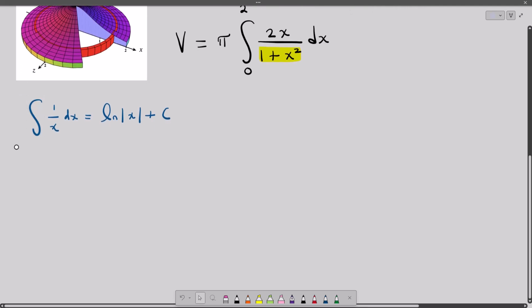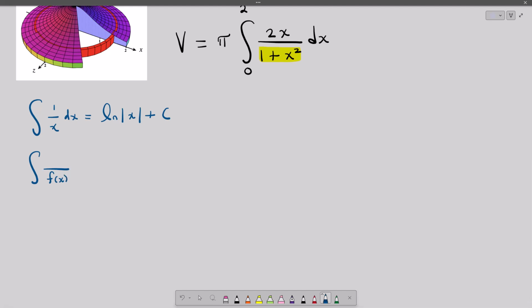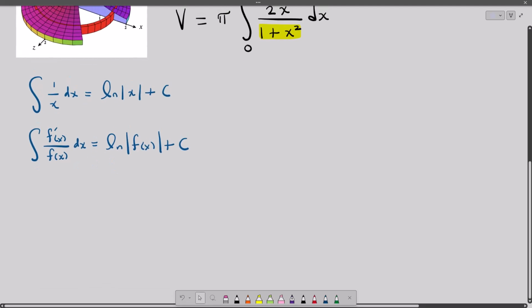If we do this in general, if we put a function down here and put its derivative up here, and you use u substitution, you will get this. If you have the integral of a fraction, and the numerator of the fraction is the denominator's derivative, you will get natural log of the absolute value of the denominator, just like you did here. Why?